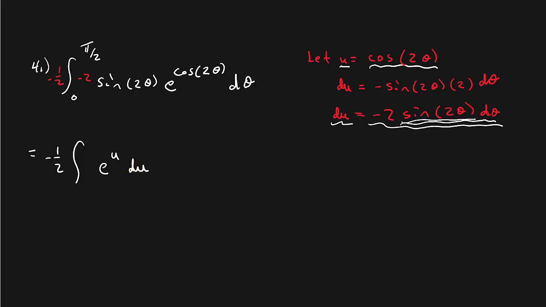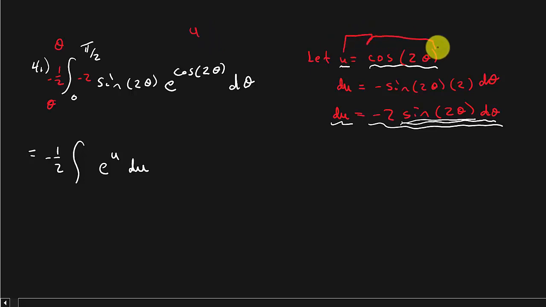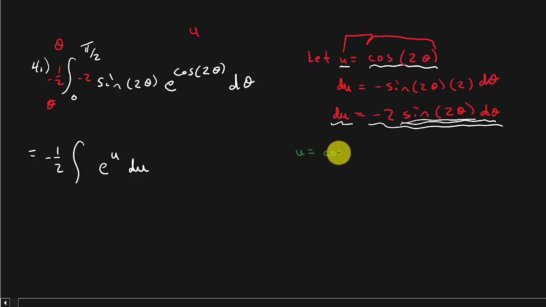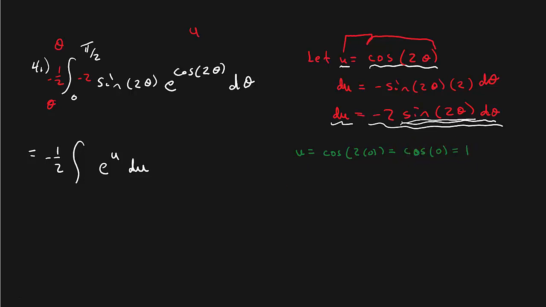Now, these limits here are in terms of theta. I got to get them in terms of u. Well, what does u equal? u equals this. So u is equal to cosine of 2 times 0, which equals cosine of 0, which is 1.